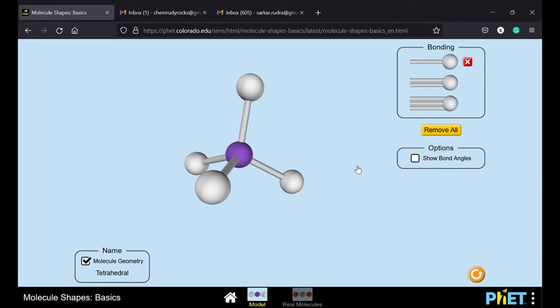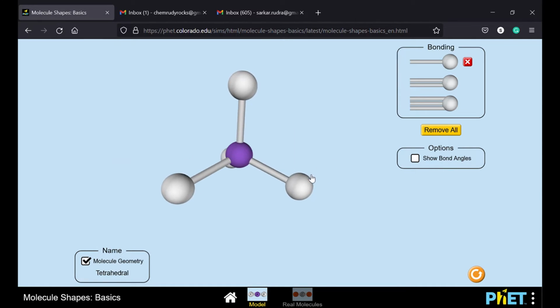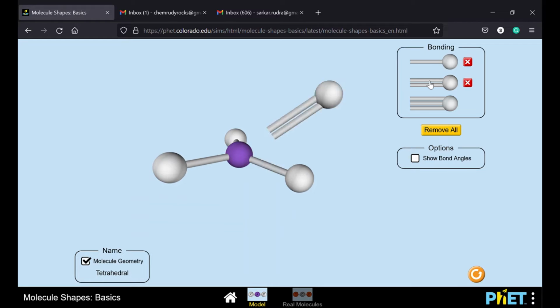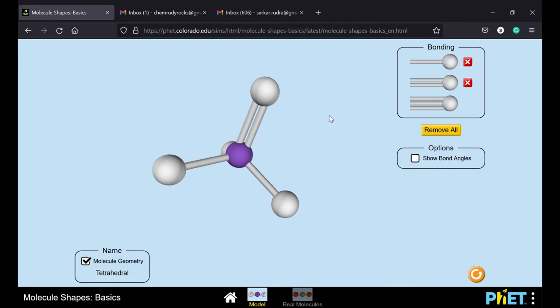Suppose instead of having a single bond over here, I want to have a double bond. Then what will happen to the angles? What will be the relationship between the bond angles? Which will be larger, which will be less? Let's do that. I have attached the central atom with another atom and they are making a double bond.